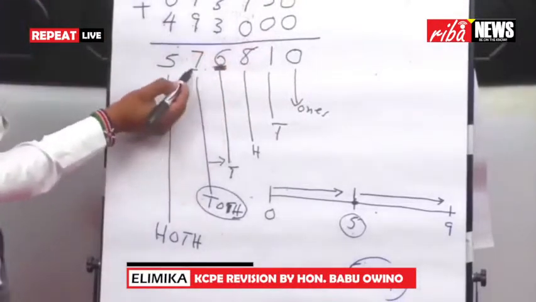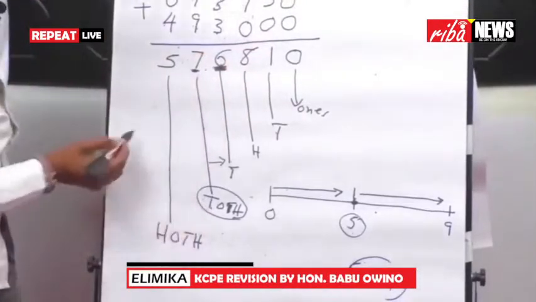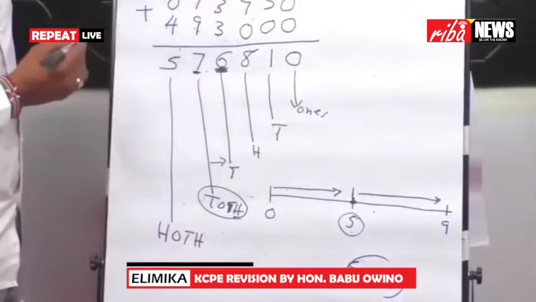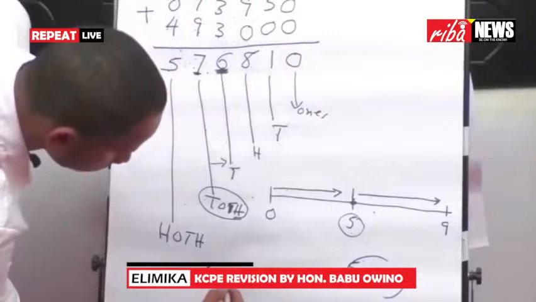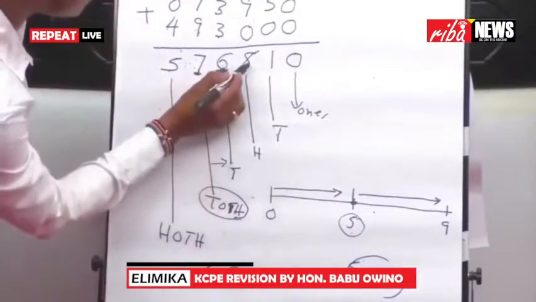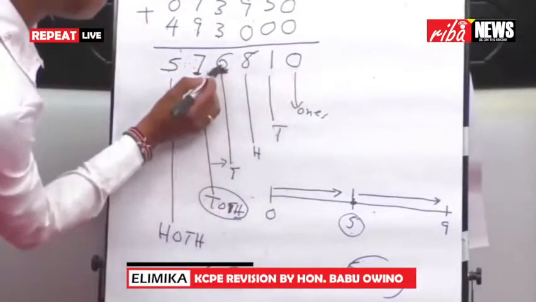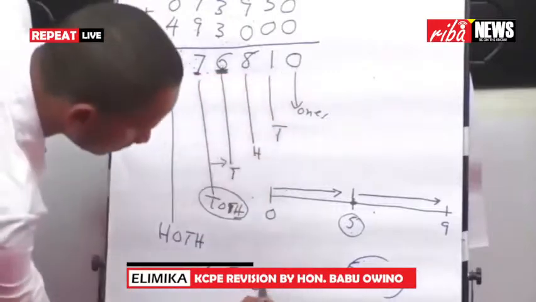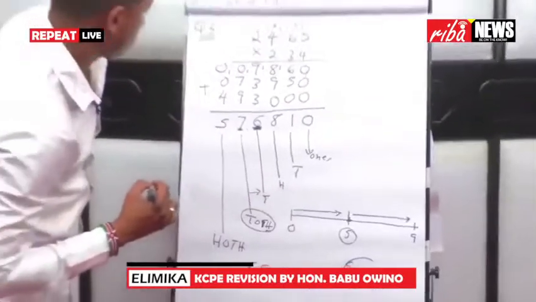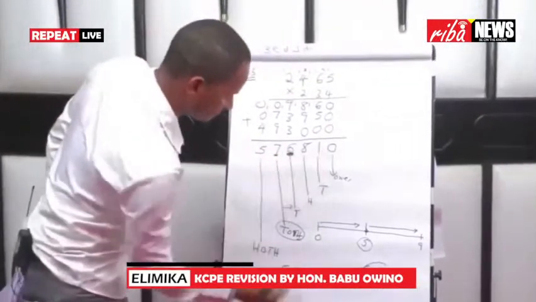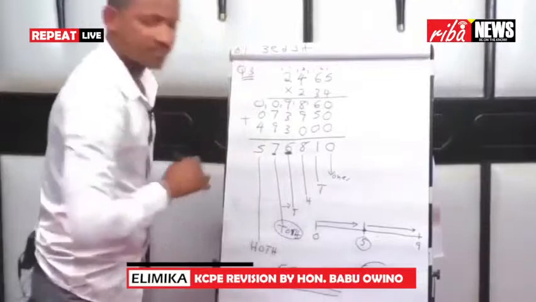The next place value, which is 7, our focus point, we add 1. So our answer becomes 58. Then all these other numbers are replaced with 0. 1, 2, 3, 4. They are replaced with 0. So this is our answer.